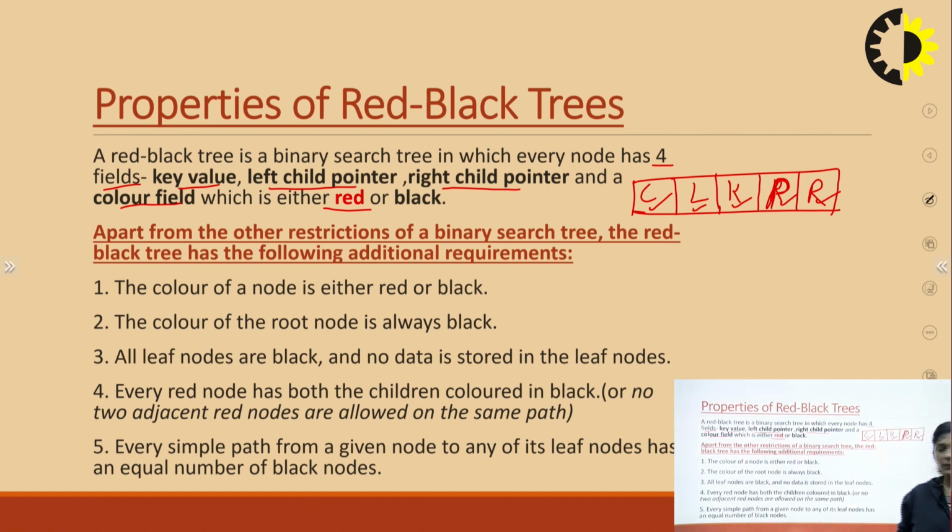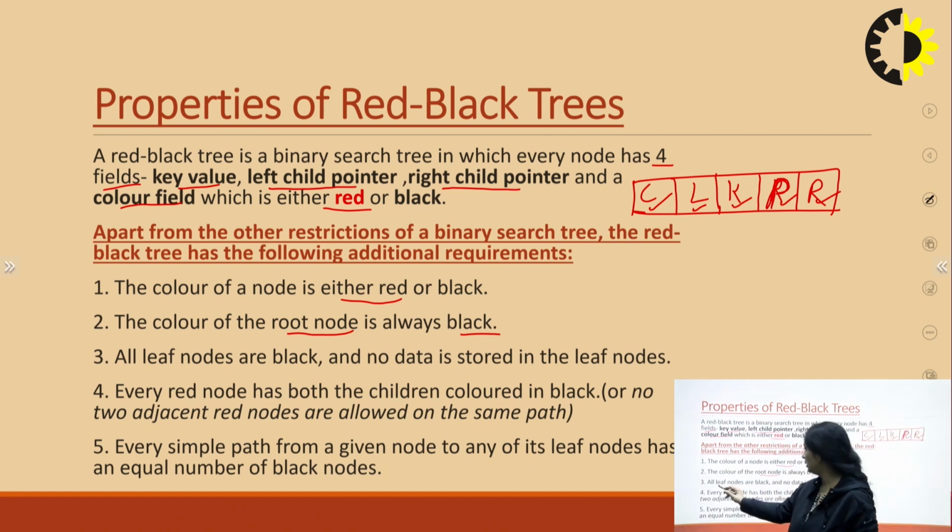Now apart from other restrictions of binary search tree, the red black tree has the following 5 properties, as you can see in the PPT. First, the color of a node is either red or black. In any red black tree, a node is either red or black. Second, the root node is always black.